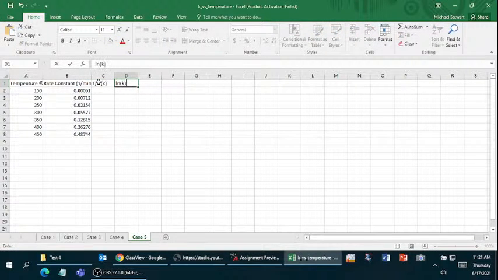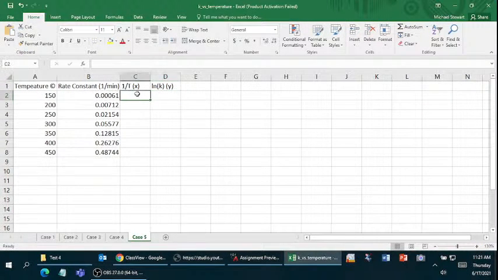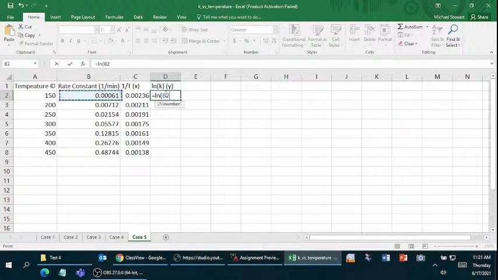And we need ln of k, that is our y. I'll try to make this a little bit bigger for you. To find 1 over temperature, it's 1 divided by, and we need to convert the temperature to Kelvin here, so plus 273. And we need the natural log of the rate constant.